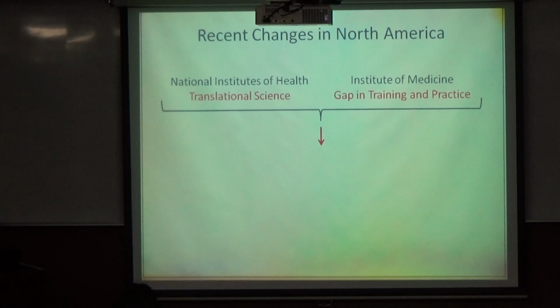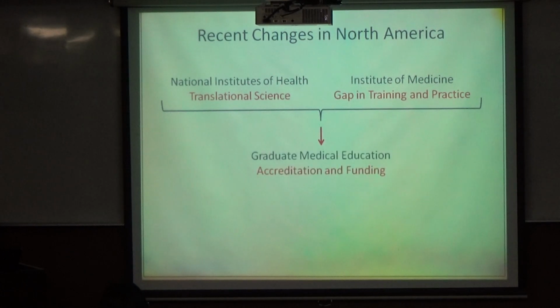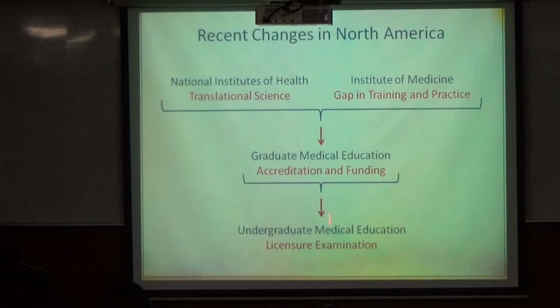And so these two giants in the funding area in North America were really vocal about driving change. And of course, because these two were driving change, the accrediting agency, the ACGME, released a lot of mandates. And of course, this now goes down to the undergraduate medical education and also the USMLE exams and so forth.